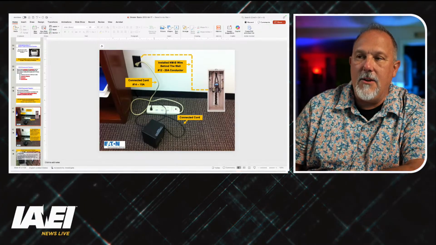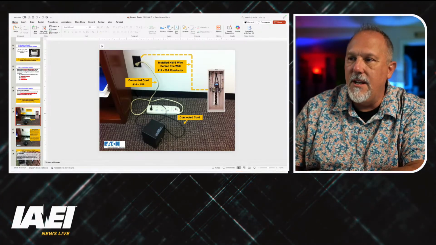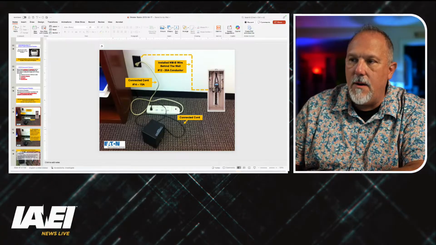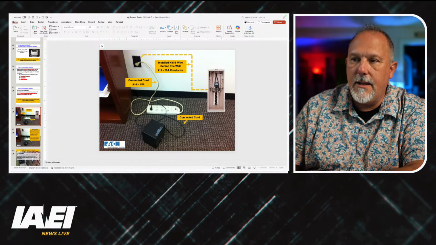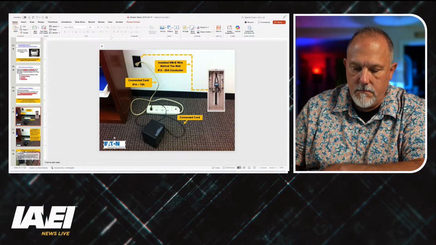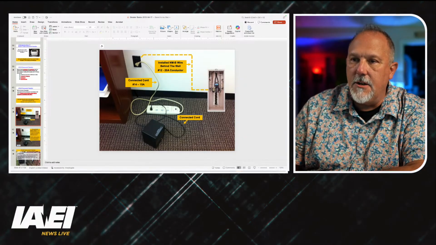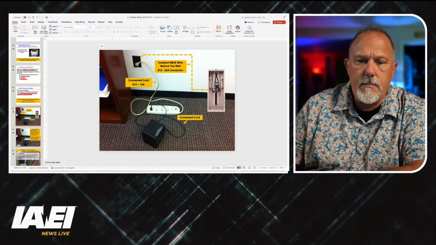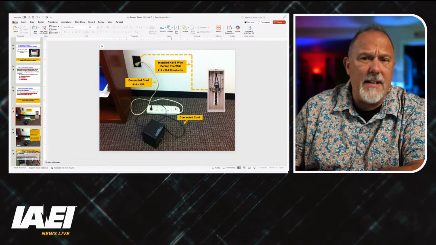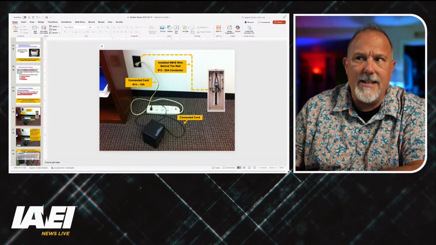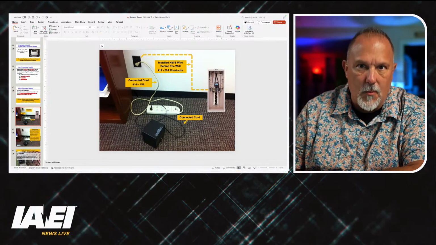The discussion that we would have is that the cord on this heater is definitely not the same size as the branch NM wire that's behind the wall.